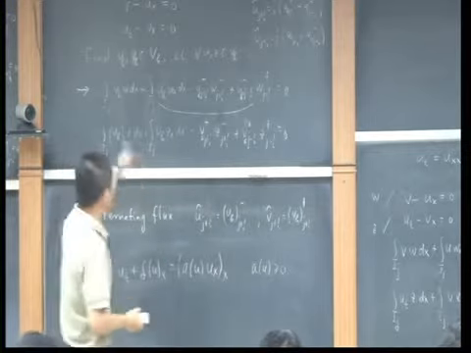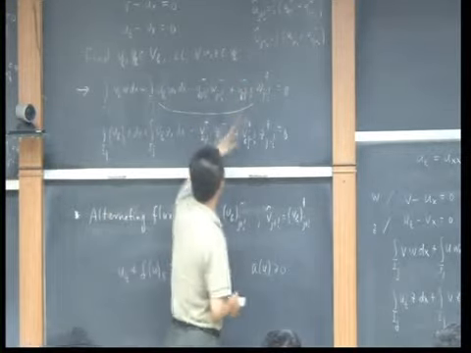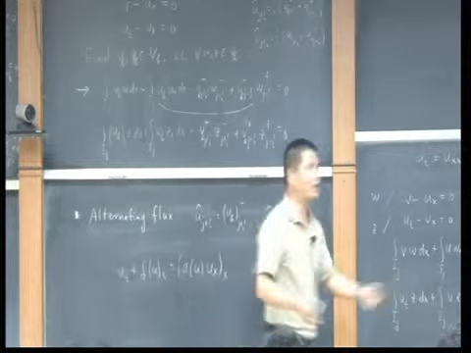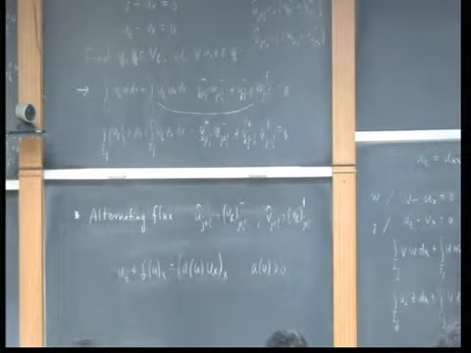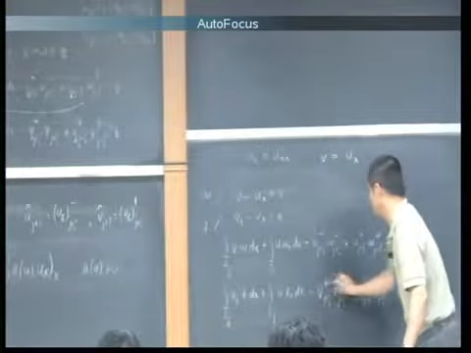Since in the scheme I have the minus minus here, plus plus here, just for consistency of notations, let me put the minus minus here and the plus plus here.